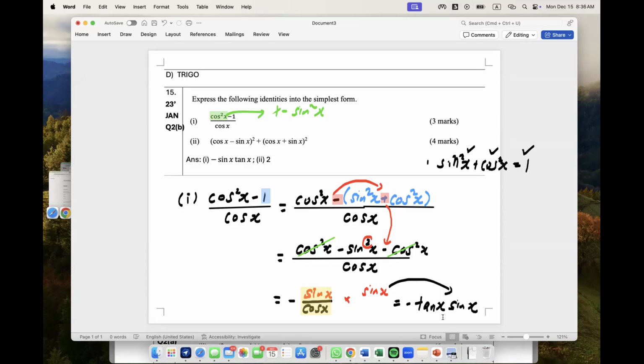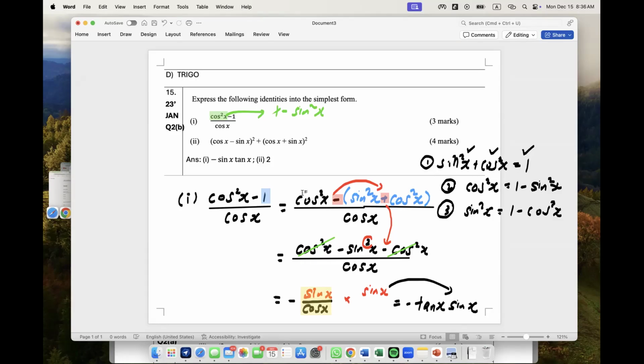And from here actually we can write our cosine square x as 1 minus sine square x, and at the same time the sine square x also can be written as 1 minus cosine square x. You understand now? In all these three formulas, that question leads us to focus on them.